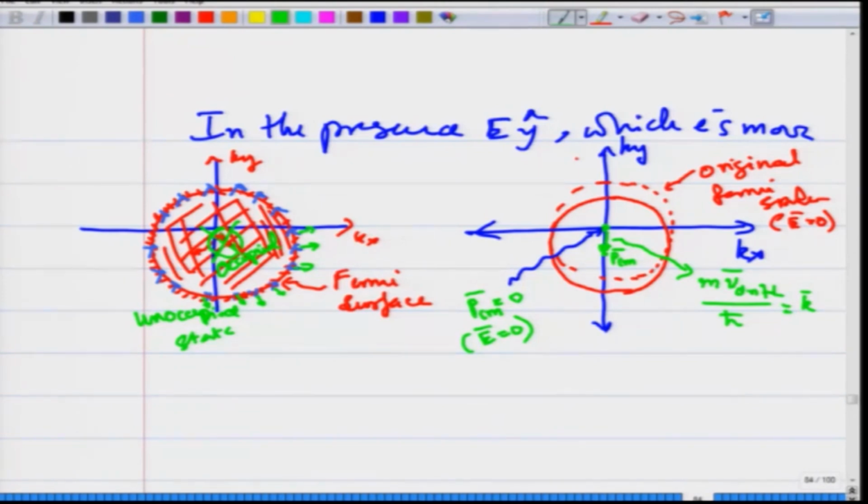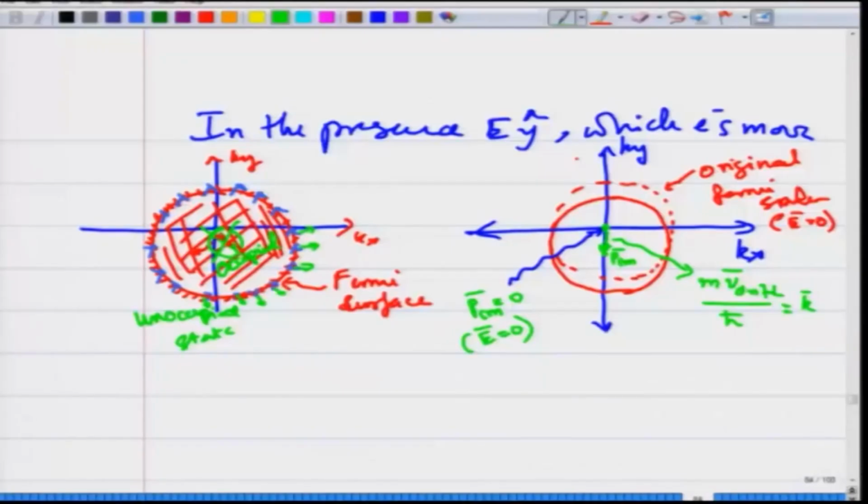So, the center of mass now shifts and it is representing a change in the center of mass momentum. So, when you apply an electric field, these electrons start drifting and there is a net drift which develops, which is defined as the change in the center of mass.